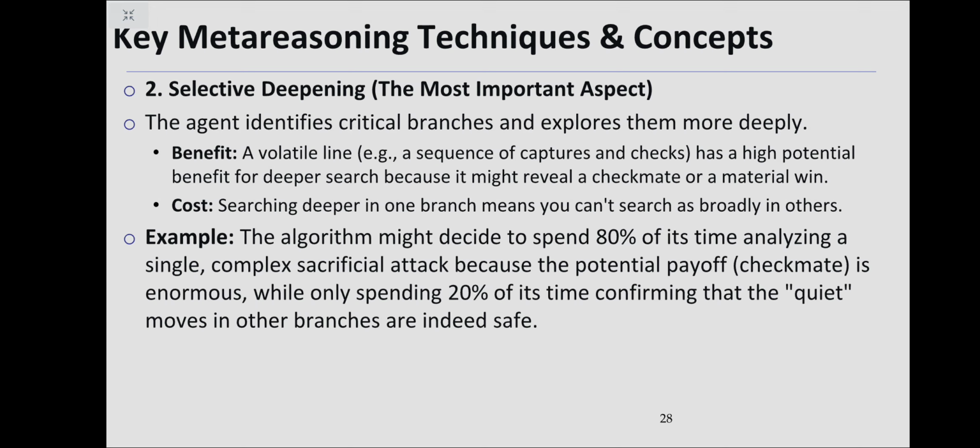For example, in some cases, you allocate more attention, for example 80% of your power, for checking some complex attacks in the checkmate, and 20% of your power for analyzing the quiet movements.